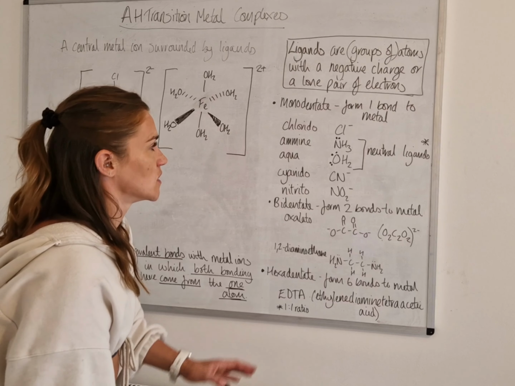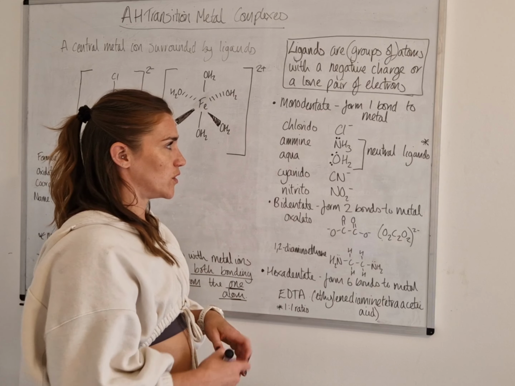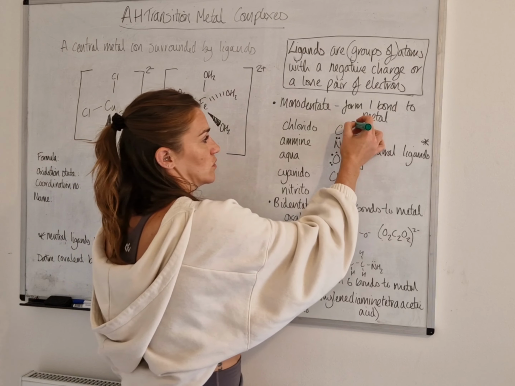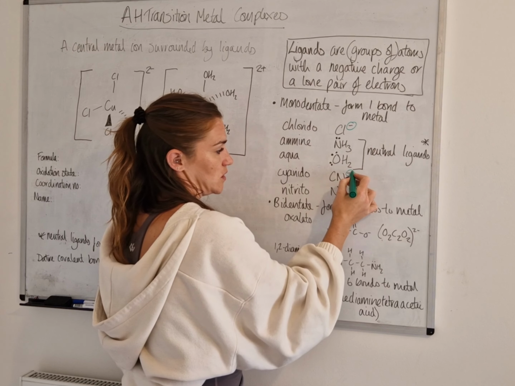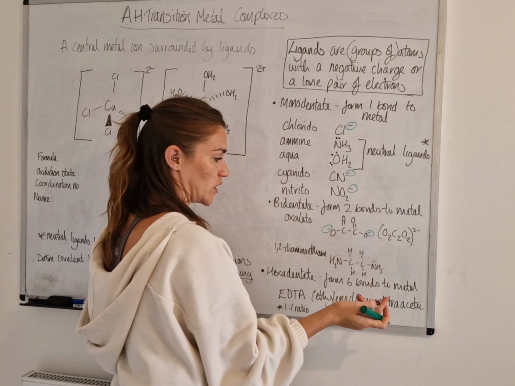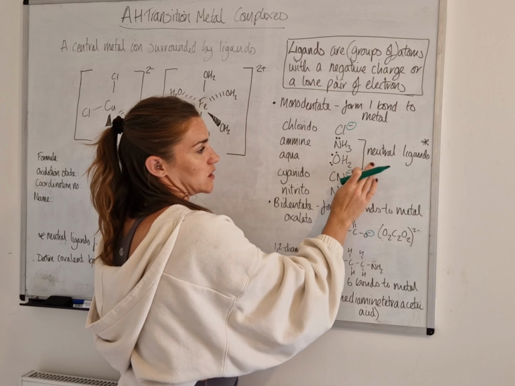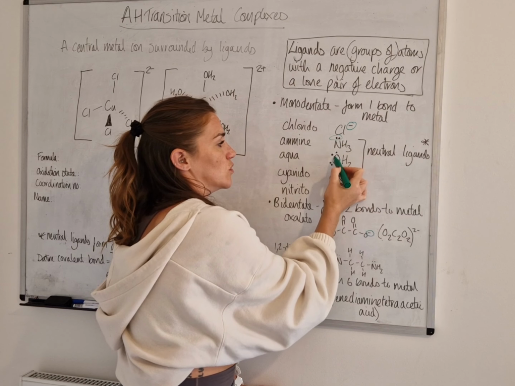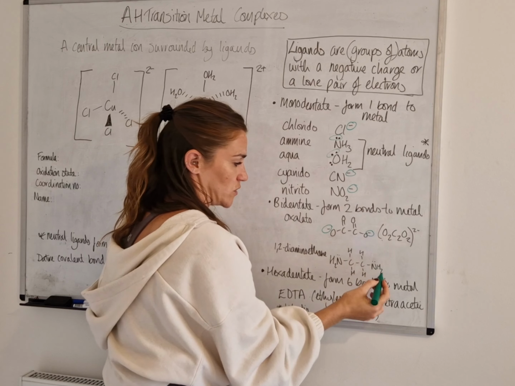So in terms of where these ligands actually bond to the metal, it'll either be through their negative charge, so the chloride and all these bond by the negative charges, or the bonding site is where the negative charge is. For these ligands here that we class as neutral ligands, they bond using their lone pairs, or one of their lone pairs of electrons.